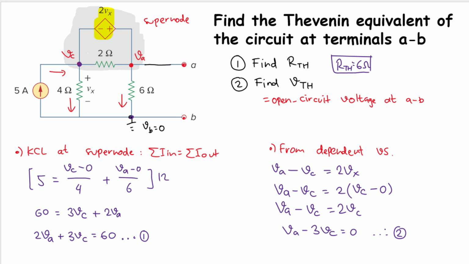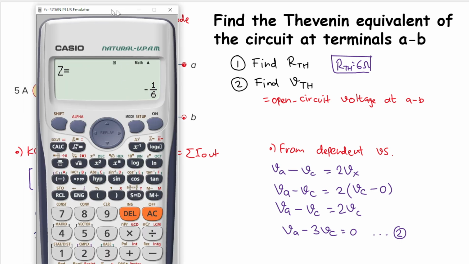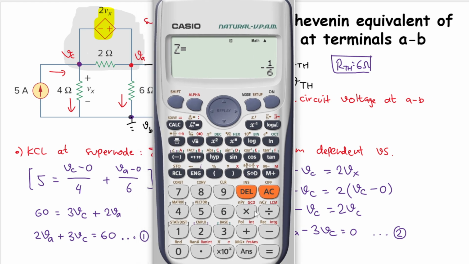Good. And now what can we do from here? Let's use calculators to solve these 2 equations, right? We have 2 equations and 2 variables. Let's set this up, and then equation solver is number 5. 2 variables is number 1, and we can just plug in the coefficients. 2, and then 3, and then 60. Good.